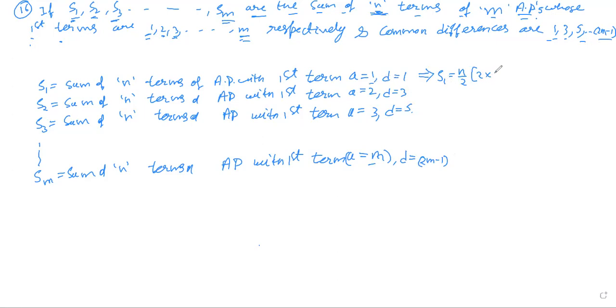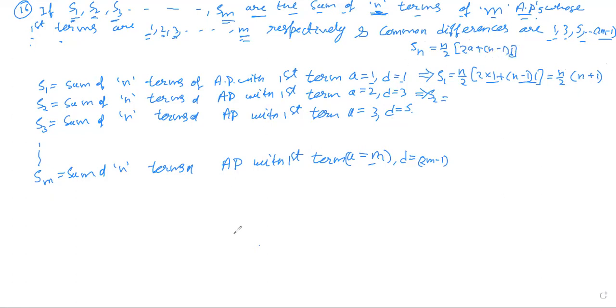Value of a is 1, common difference is also 1, equals n by 2 into 2 plus n minus 1, which is n plus 1. S2 is also n by 2 into 2a plus n minus 1 into 2.